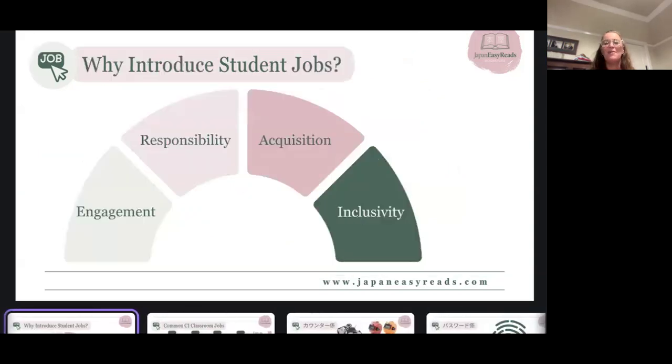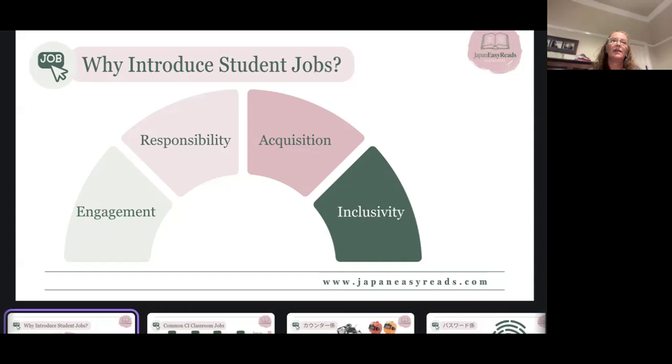So I'll move on. And why introduce student jobs? I have touched on it already, but classroom jobs shift the ownership to the student. And so that helps to create an inclusive and collaborative environment. So the 4 big pluses for introducing student jobs: number one is engagement. The students feel valued and connected to the classroom.